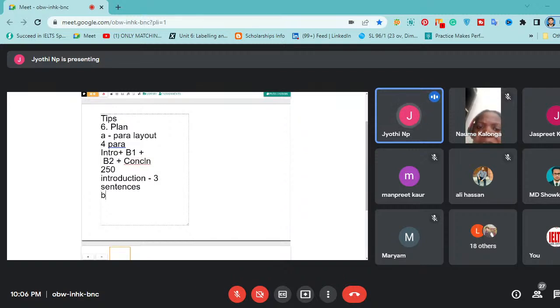Then body 1 will be 7 sentences, body 2 again 7 sentences, and then conclusion will again be 2 to 3 sentences long, where one sentence is equal to 10 to 15 words, which will make up your 250 words approximately. Right? Okay.